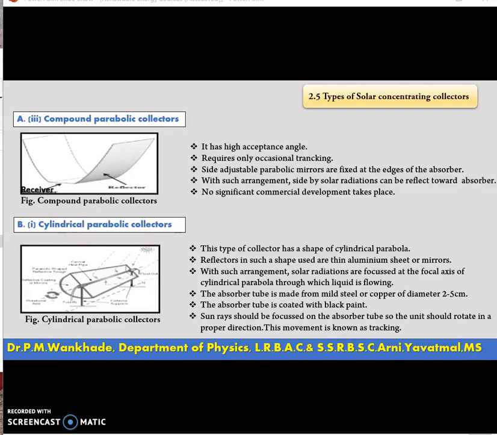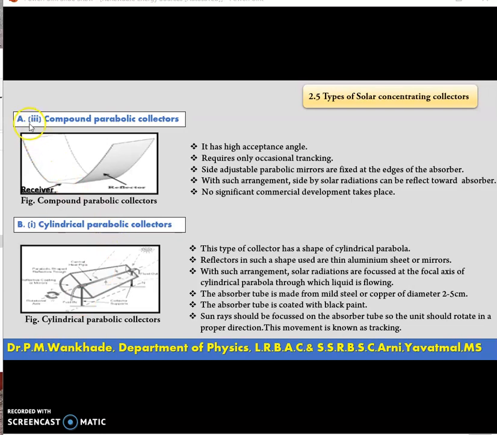Up till now we have used the flat plate collector. Now we will discuss the focusing or concentrating collector. This type of collector is used where the temperature required is high, from 100 degrees Celsius to 400 degrees Celsius.